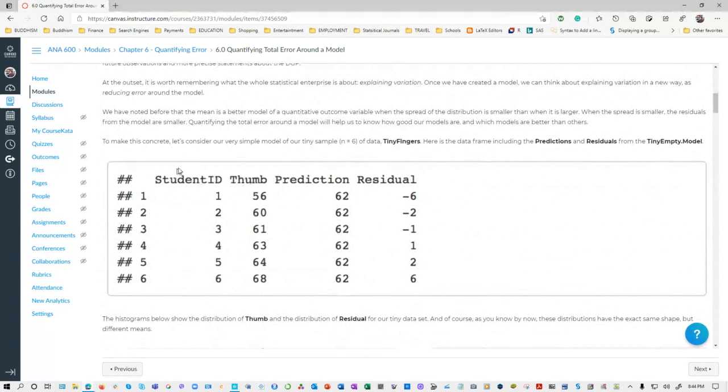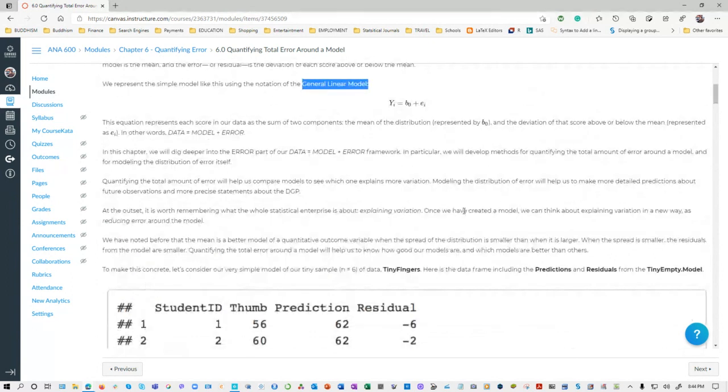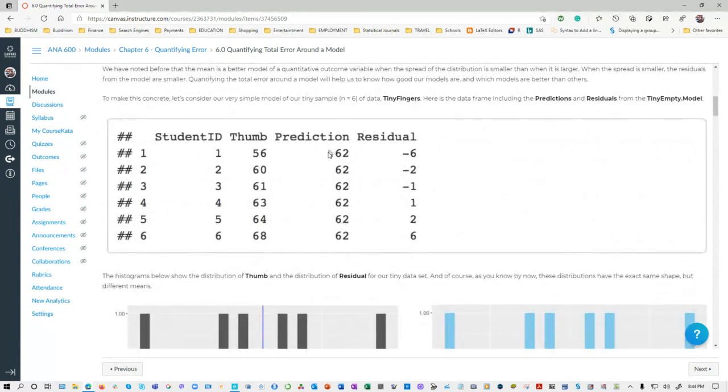We discussed how we have this thumb length. Prediction means, if data has not been collected, what data point can be assigned to each and every individual. Then you can simply say your average would be the predicted value.